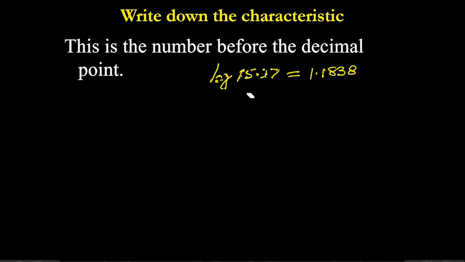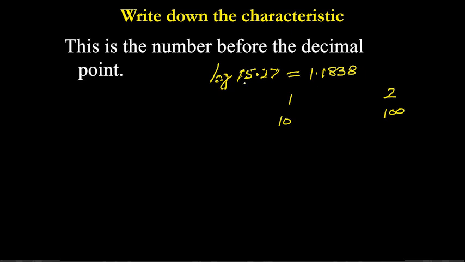This one decided because 10 to the power 1, this number is between what? This number is between 1 and 2. So 10 to the power 1 is 10, 10 to the power 2 is 100. I'm talking about the opposite of log now. So if the characteristic is 1, it is 10. If the characteristic is 2, it is 100. But this number is between 1 and 2. It means the antilog of 1.1838 should be between 10 and 100.